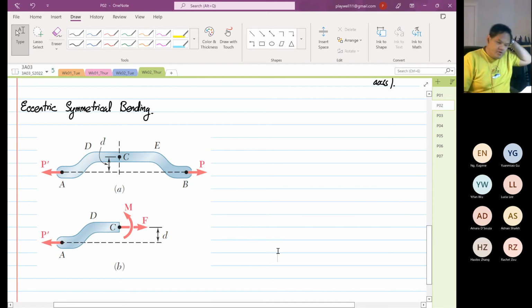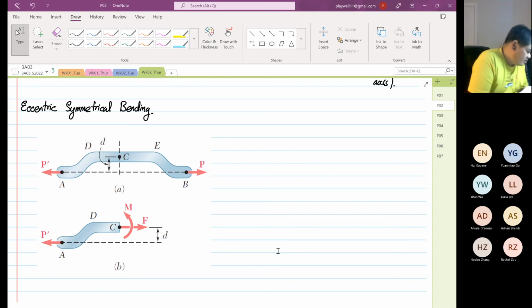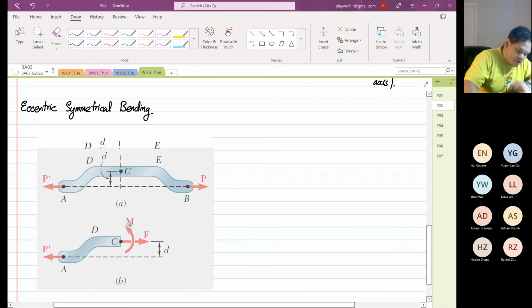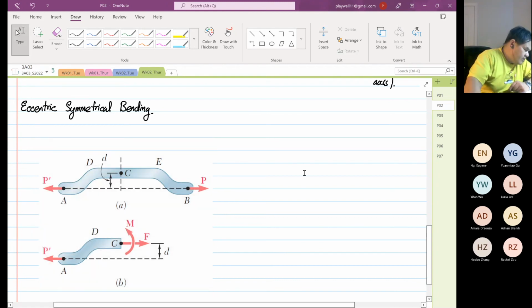Right. So this is a structure that's under eccentric symmetrical bending. Okay. So the thing to focus on is at this point over here, or at this region over here.